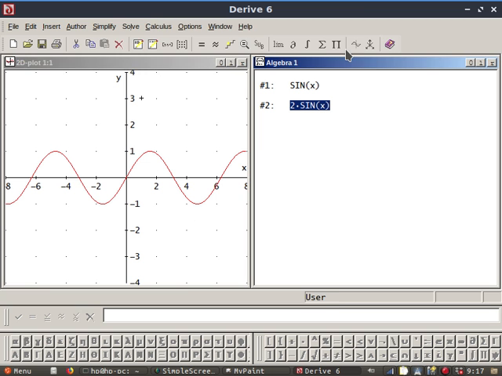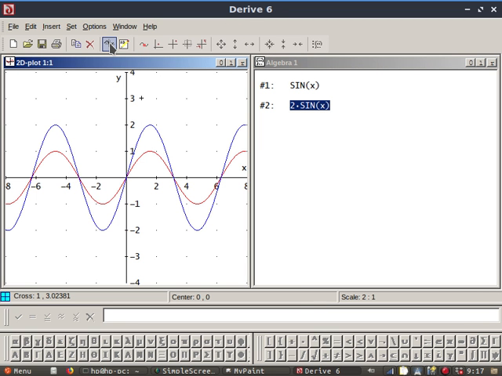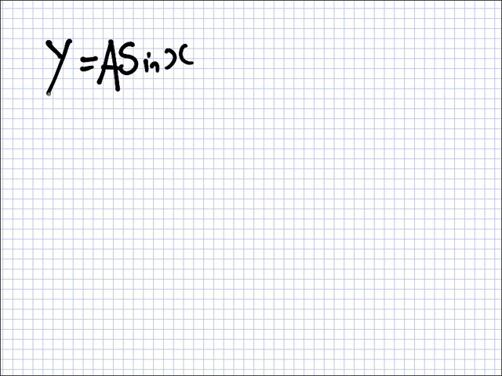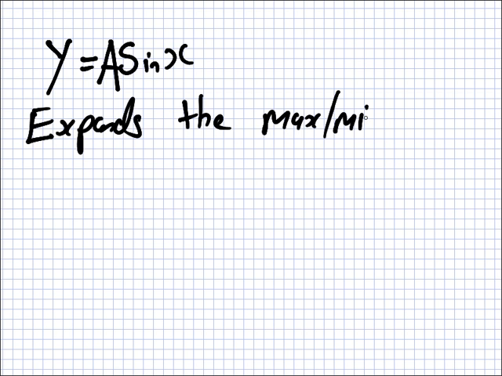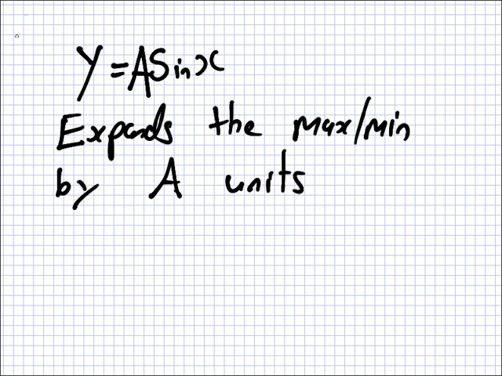Can you see that? So the effect of the amplitude, the A, is to cause an expansion vertically. So if I was to describe this, you would say it expands the max and min by A units. Right, so that's our first one.